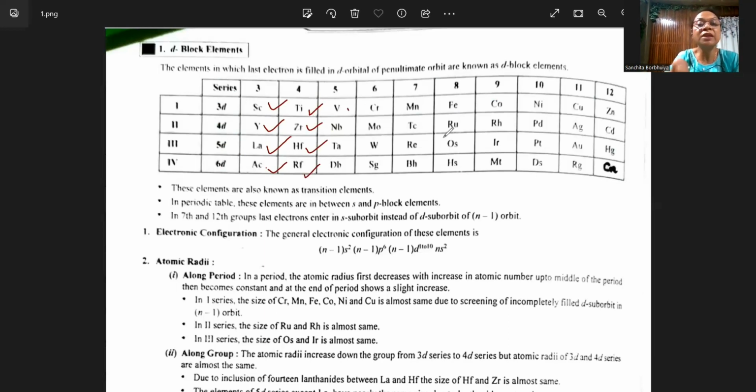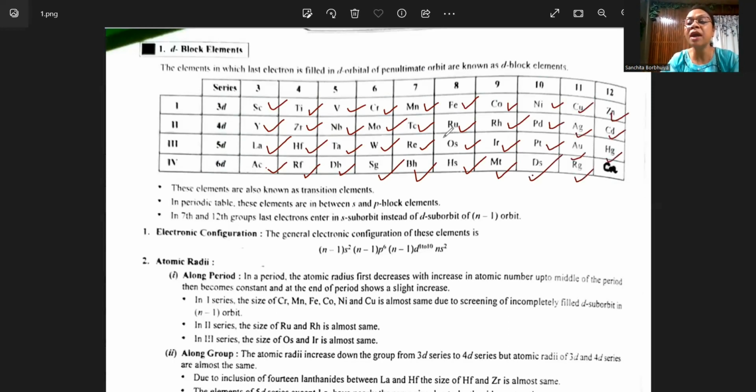The fifth group is vanadium, niobium, tantalum, dubnium; then chromium, molybdenum, tungsten, seaborgium; manganese, technetium, rhenium, bohrium; iron, ruthenium, osmium, hassium; cobalt, rhodium, iridium, meitnerium; nickel, palladium, platinum, darmstadtium; copper, silver, gold, roentgenium; zinc, cadmium, mercury, and copernicium. This is Cn, which finishes groups 3 to 12.